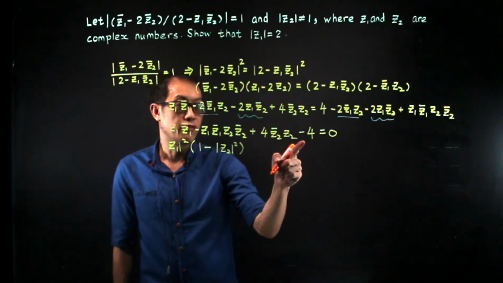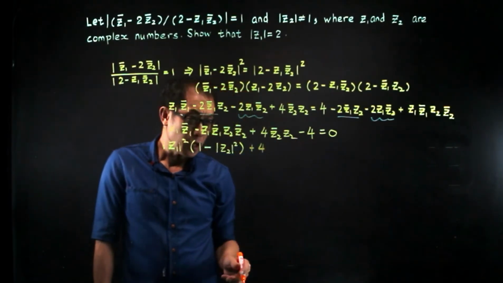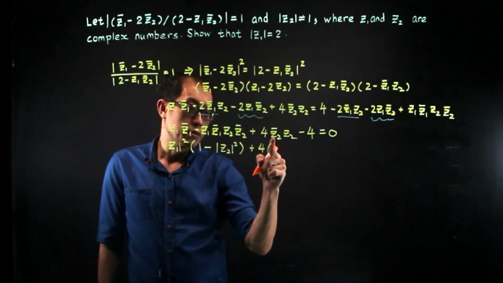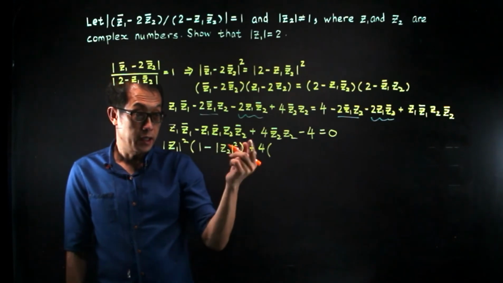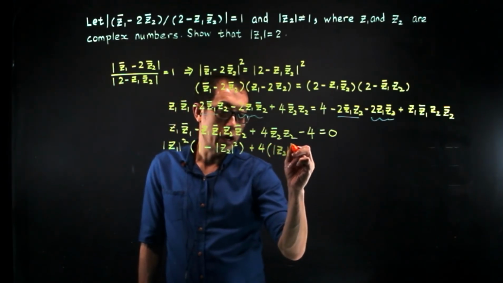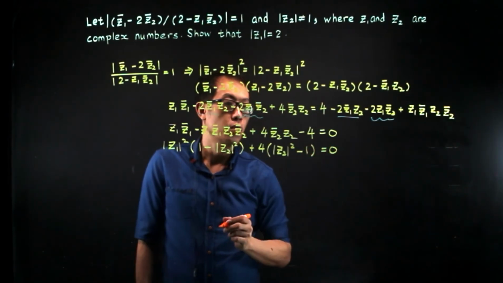Okay. Now 4 is common here, so I can take 4 out. If I take 4 out, here we'll have z2 times conjugate z2, that is modulus of z2 squared minus 1 equals 0.